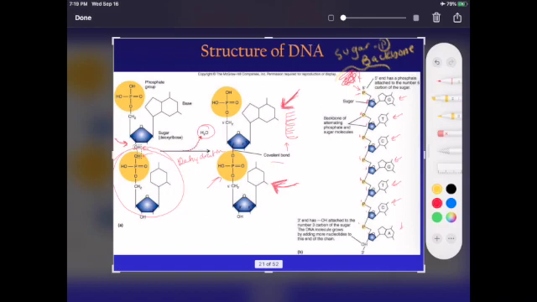Meanwhile, this whole thing is called a strand. So this would be a strand of DNA right here. This part is the sugar phosphate backbone, and this whole thing, this hot mess that I'm making here, is a strand of DNA right there.